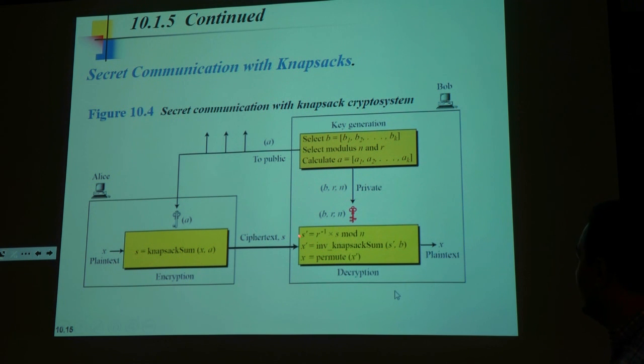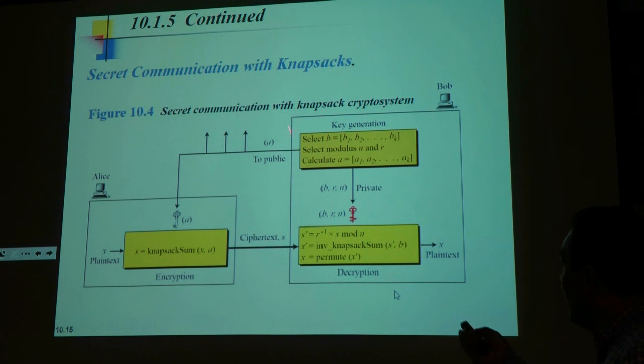So for example, you start with S prime equals R inverse times S. Where is R? It was selected as private. What is S? It is the message delivered, right? Then X prime by inverse, and then permute X prime to get X.